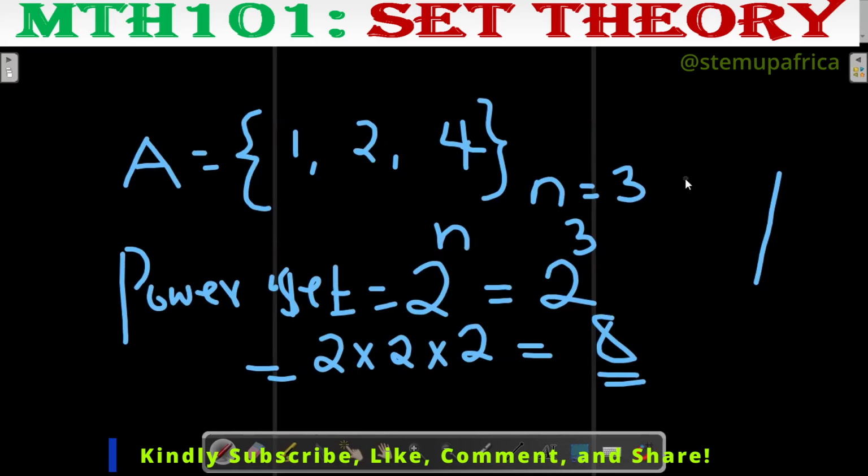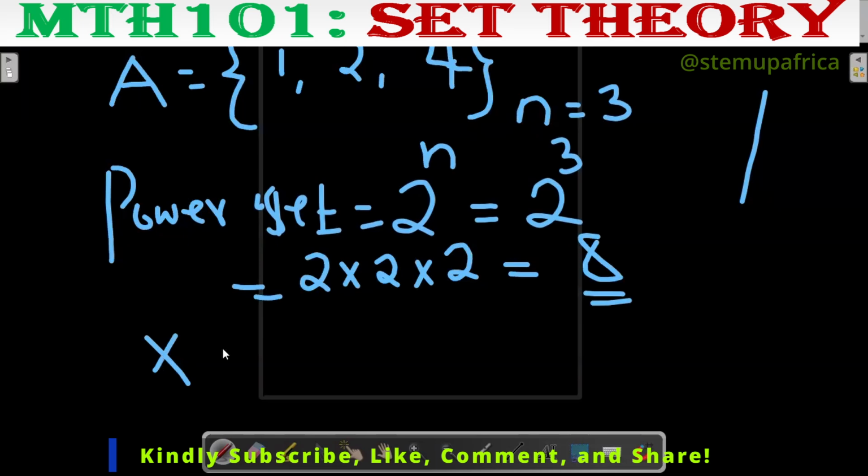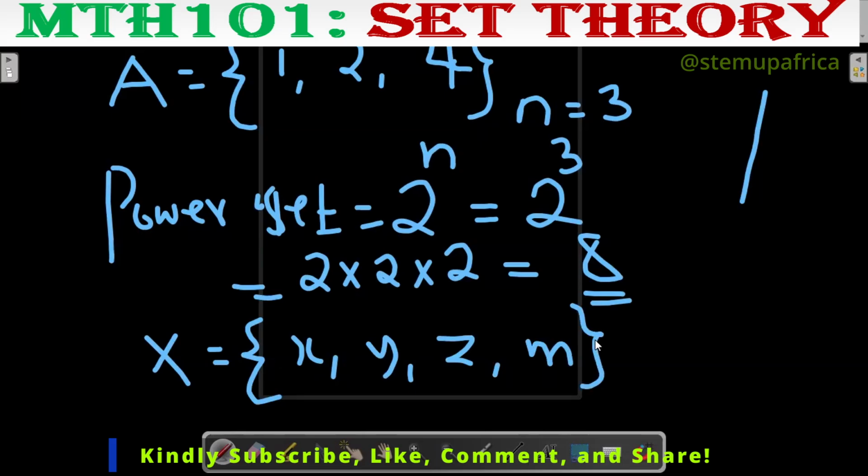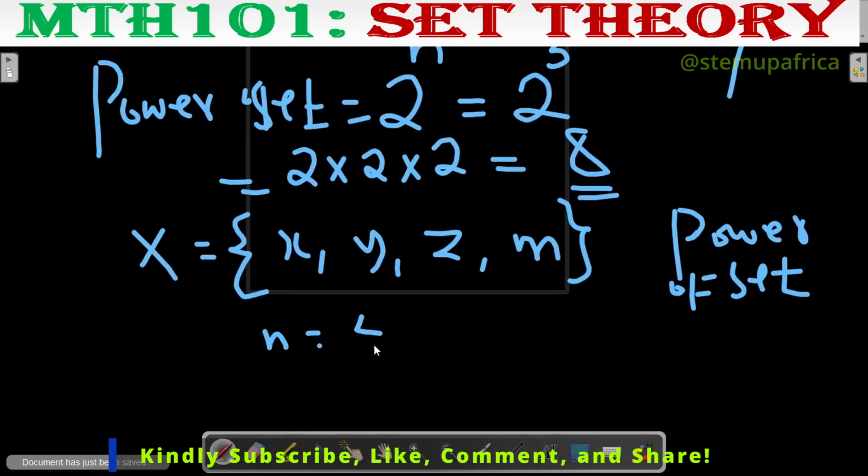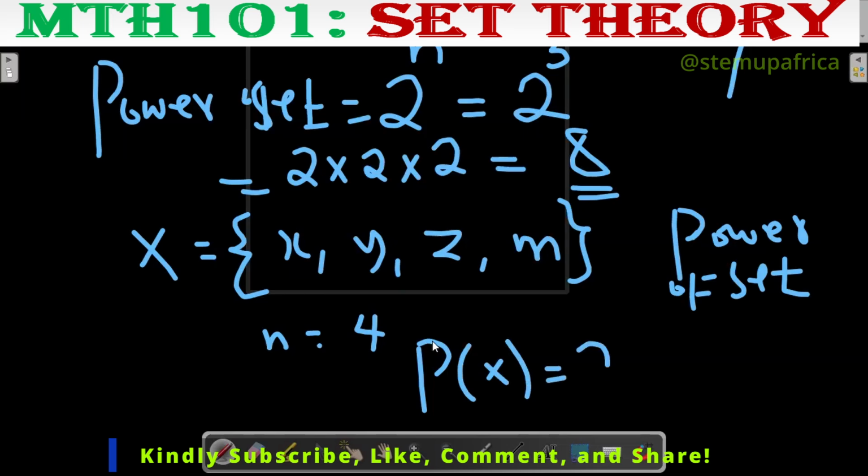So if we have, for instance, set X is X, Y, Z, and M, I will also find the power of the set. How many elements do we have this time in the set? We have 4 elements, which simply means your n is 4. So the power set of X now gives us 2 raised to power 4.